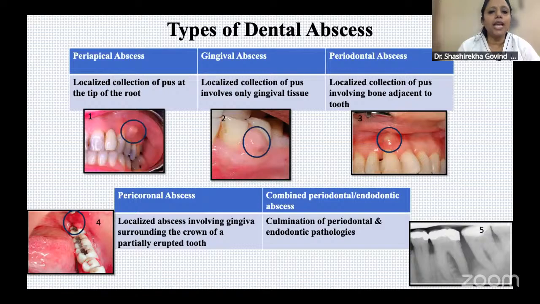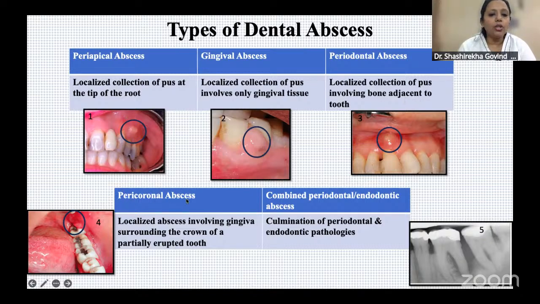Let's know the types of dental abscess. One is the periapical abscess, showing a collection of pus at the tip of the root. Gingival abscess is a localized collection of pus involving the gingival tissue. Periodontal abscess is a localized collection of pus involving bone adjacent to the tooth.